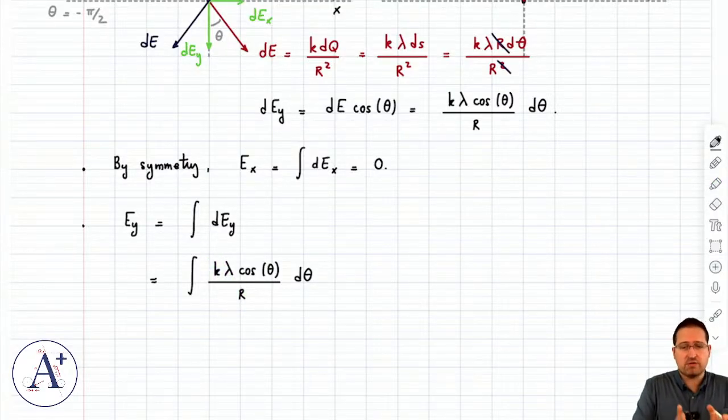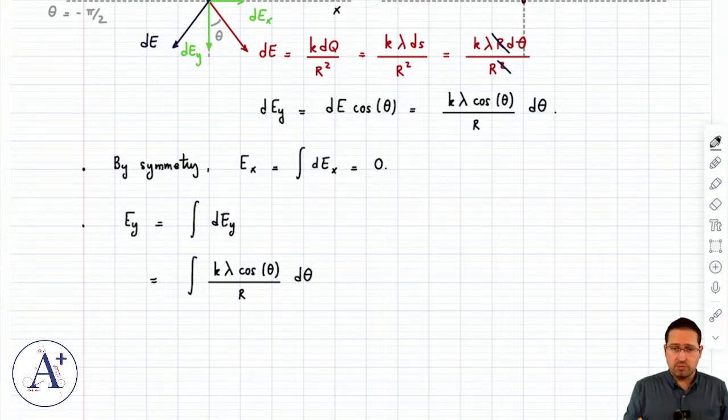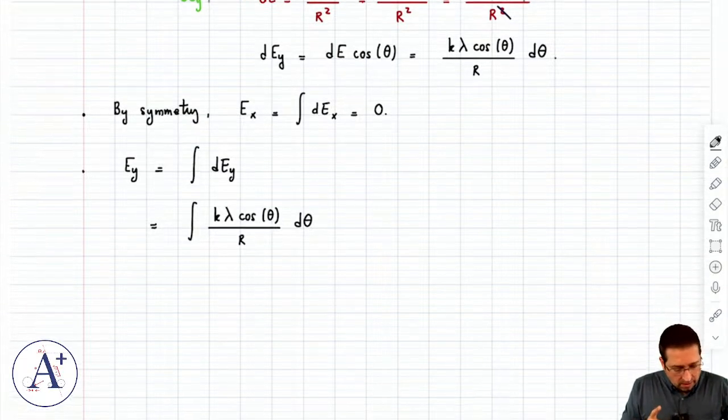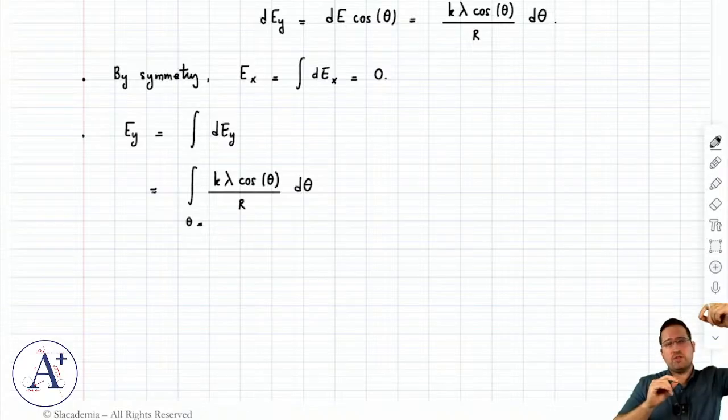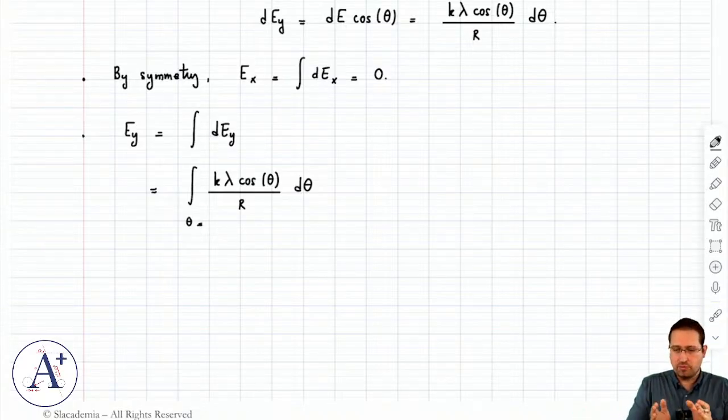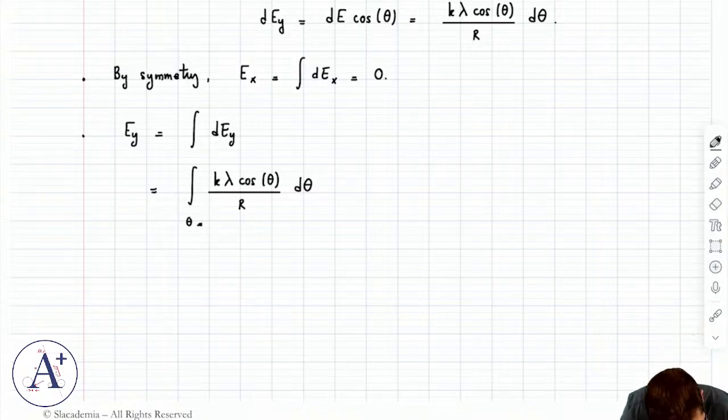Whatever happens here, I have to make sure that I've parameterized my integral to be only in terms of one variable, right? And so then, if you go look at the finite rod of charge and you'll find the electric field above the center, you will see that there's a little bit more work to do to get your integral cleaned up. But here we're going to integrate from theta is minus pi over 2 to theta is pi over 2.